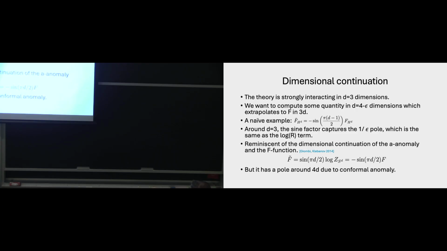But this F tilde defined here has a pole around 4D because of the conformal anomaly. It's not a problem for the sphere case, because the sine factor vanishes around the even dimensions. So then the real quantity we will compute is this one, what we call S tilde.